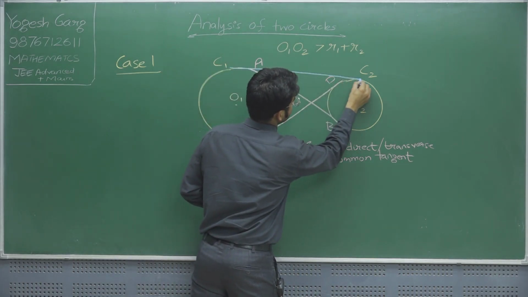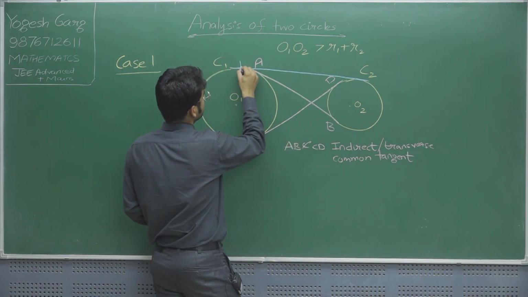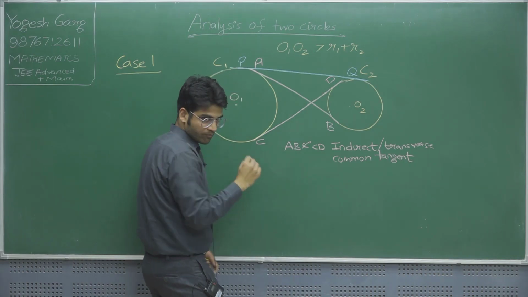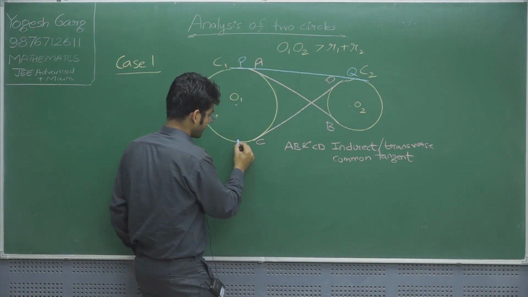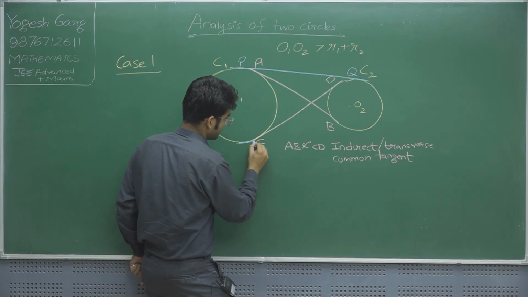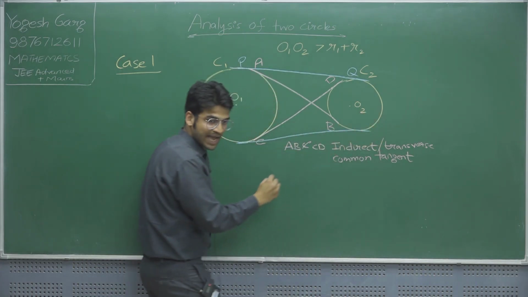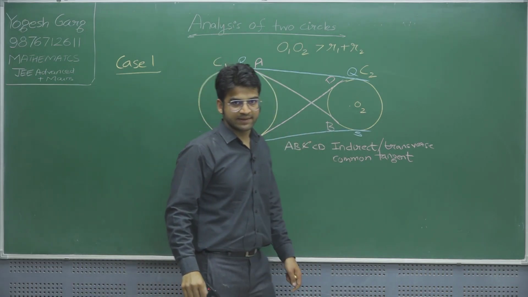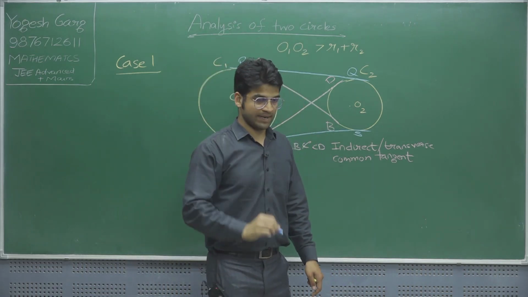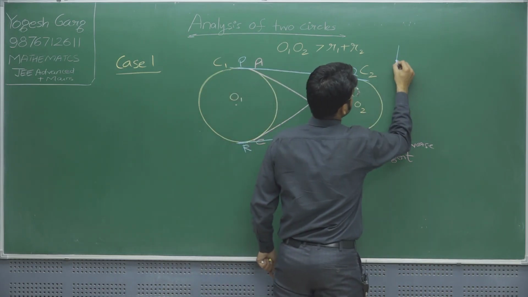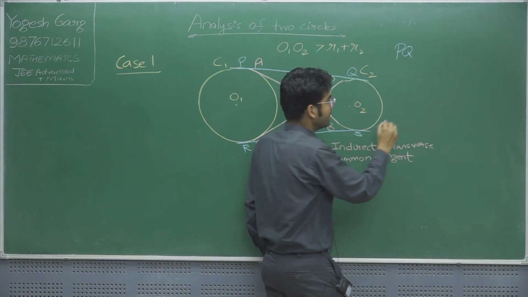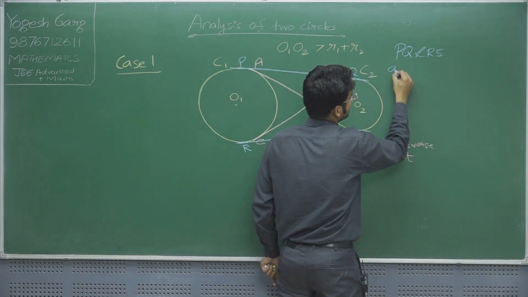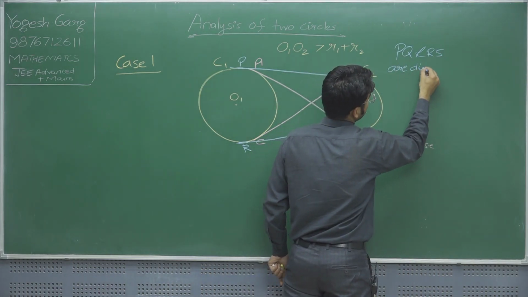Let us say this blue line is PQ, and we can draw one more line, RS. So PQ and RS are called direct common tangents.